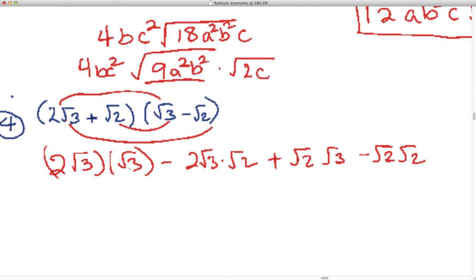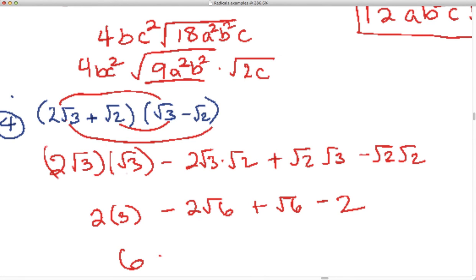So when you multiply here, you're going to get 2 times the square root of 9, which is 3. Or if you want to look at it as the square root of 3 times the square root of 3, or the square root of anything times the square root of itself, is always that thing. So in this case 3. Here we have 2 root 6 plus root 6 minus the square root of 2 times the square root of 2 is 2, by that same logic.